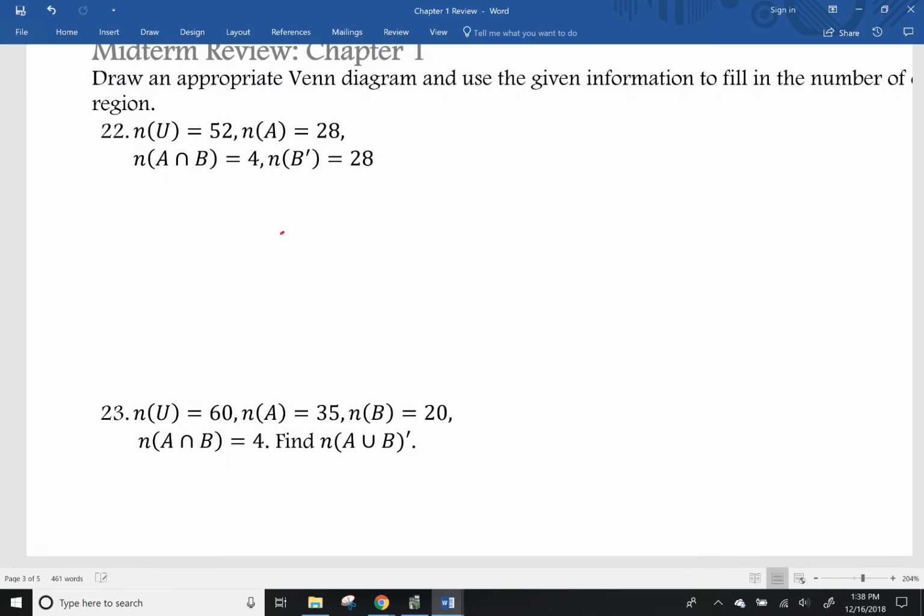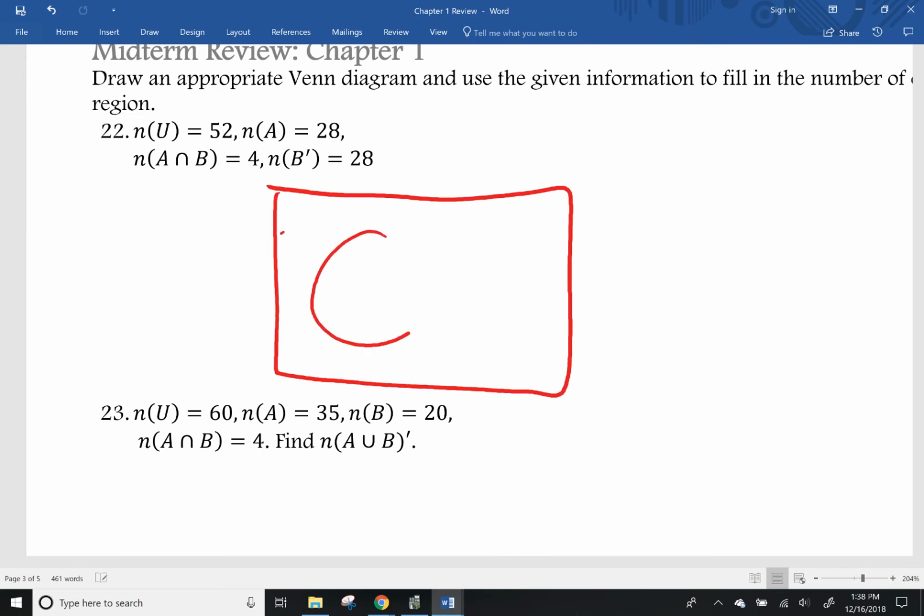Number 22 is kind of like the shaded region problem we were dealing with earlier, but a little different. I have the set A, and I've got the set B. U is 52, so all the elements added up within this rectangle is 52.